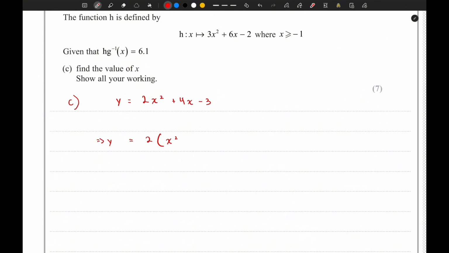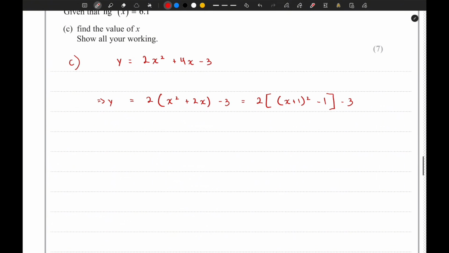So we can take 2 common, so that's x² + 2x - 3. Now if we apply the perfect square formula, we get (x + 1)² - 1 - 3. So finally y equals 2 times (x + 1)² - 2, and minus 3 gives us -5.